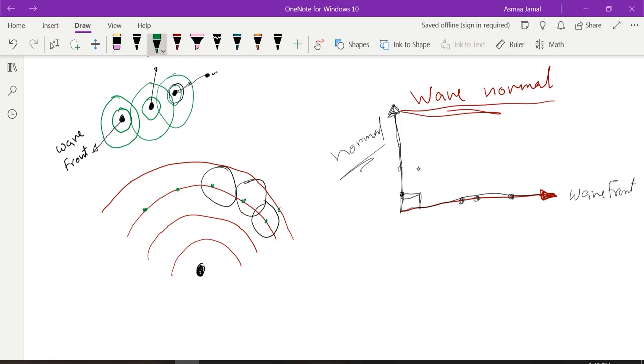Here, those are the wavelets, which will again spread the light to the next wave.